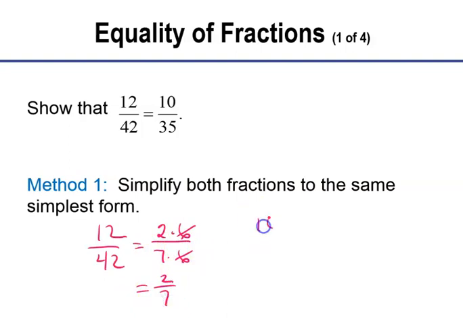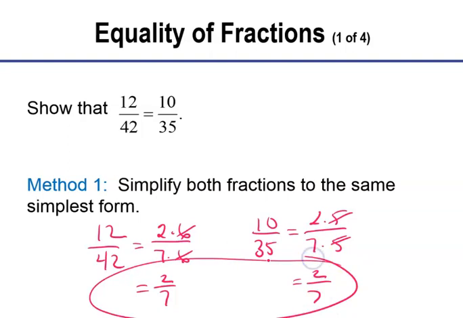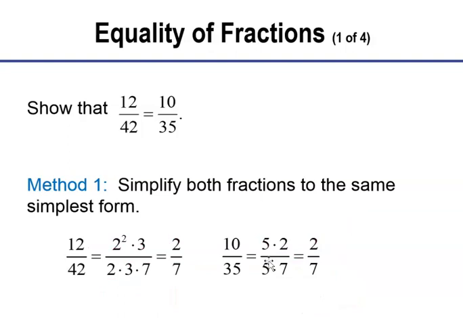Now if we take a look at 10 over 35, I could write 10 as 2 times 5, and I'm trying to write 35 as something times either 2 or 5, and we know 5 goes into 35. So how about 7 times 5? The 5s cancel and I get 2 sevenths. This shows that these two fractions are equal. And there's the result, the same result that we got.